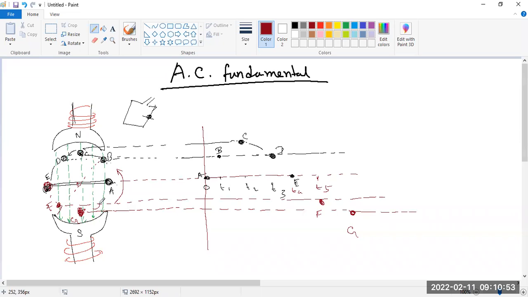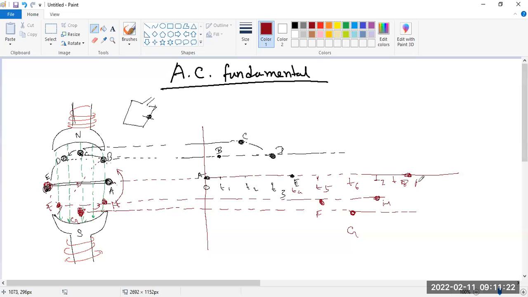Again it is rotating, it is coming here, so it is H. This is T5, T6, T7, sorry, T7 and T8, G, H, and after rotating again it is coming to the 0 position. This is T8 position, this is the 0 position.